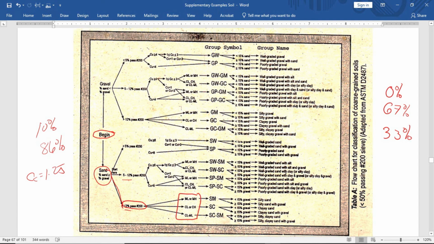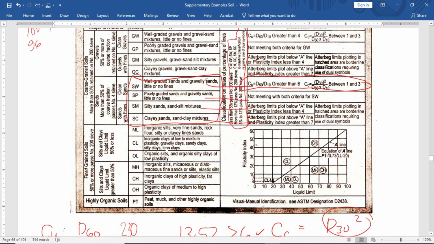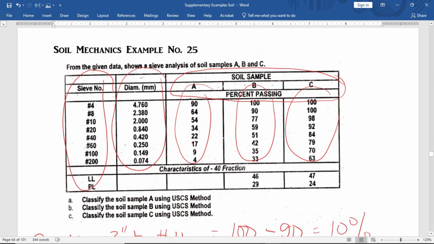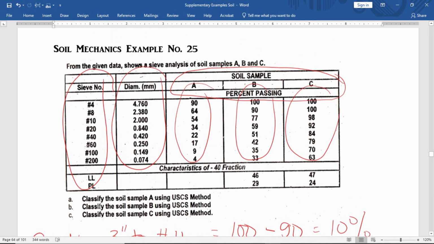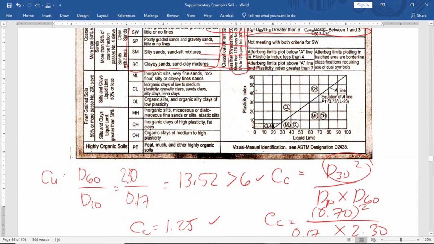Simple lang. Puntahan natin ulit yung table kanina. Yan. Meron tayong table dito. Ngayon, katapos yan, meron sa ating given na LL tsaka PL, 46 tsaka 29. Yan yung gagamitin natin ditong sa table na ito.